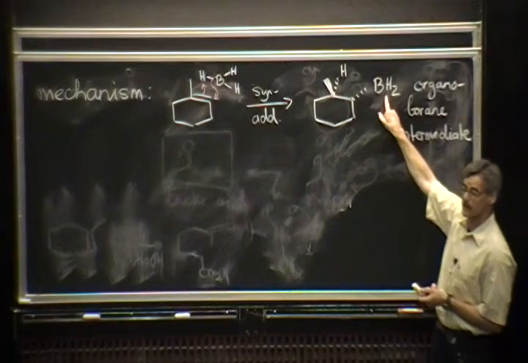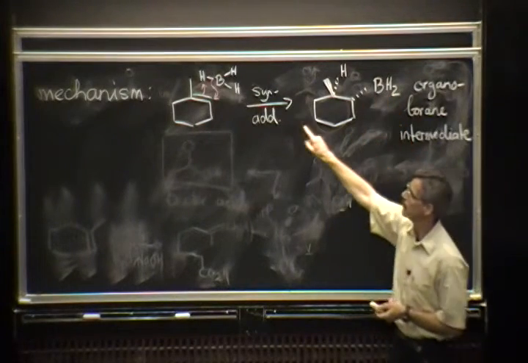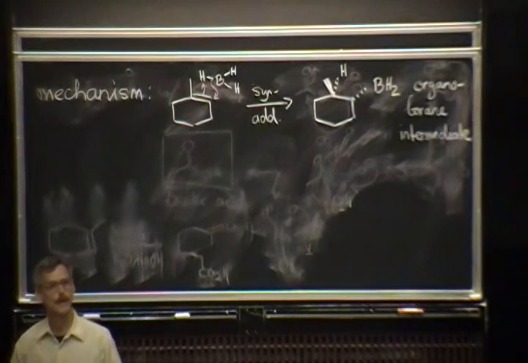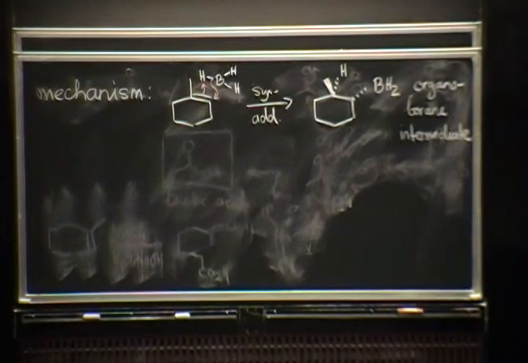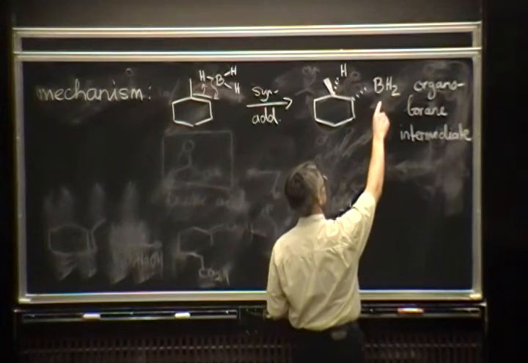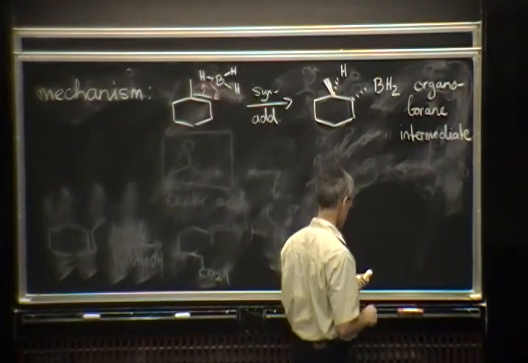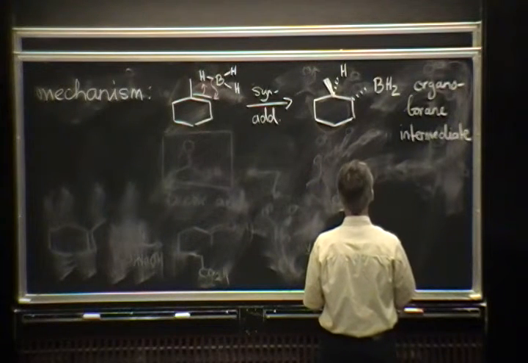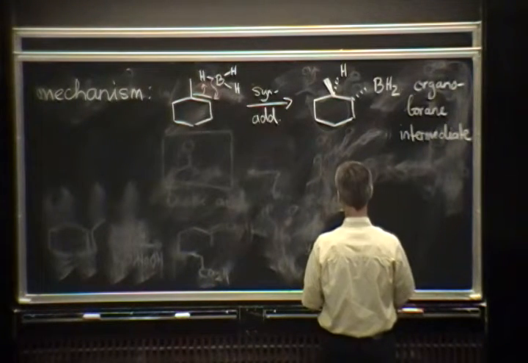But in fact this still has two borane hydrogen bonds, so the same mechanism could have happened two more times. It depends on how much excess of the boron we're using. So right now, using a slightly simplified mechanism, assuming an excess of borane, this sits around without adding across other double bonds, which it definitely could. So we can do several things with this. This is a pretty nicely behaved intermediate.